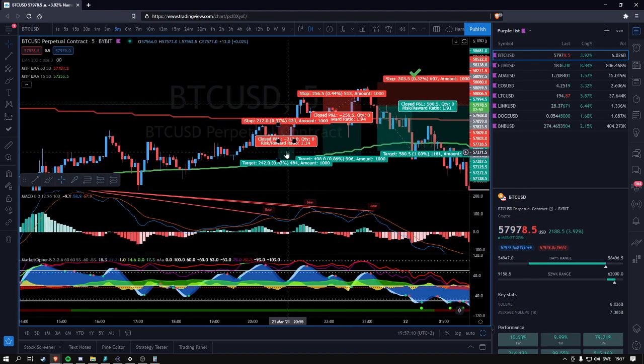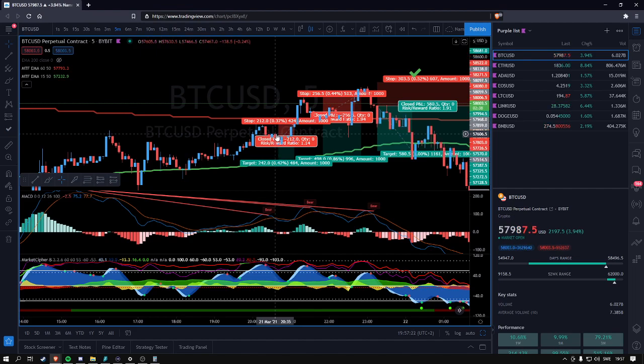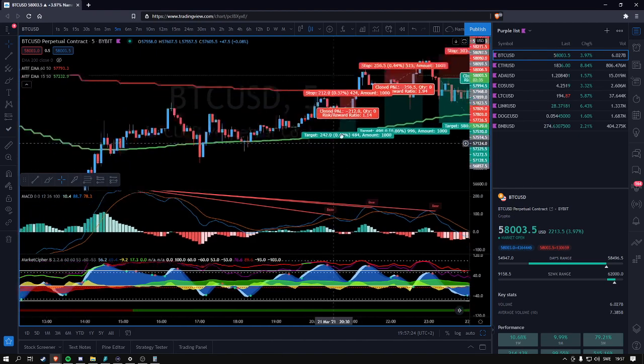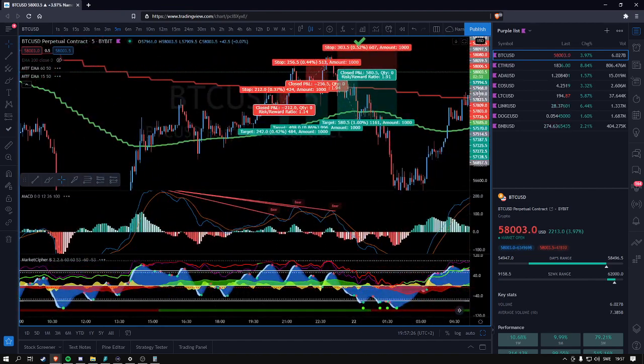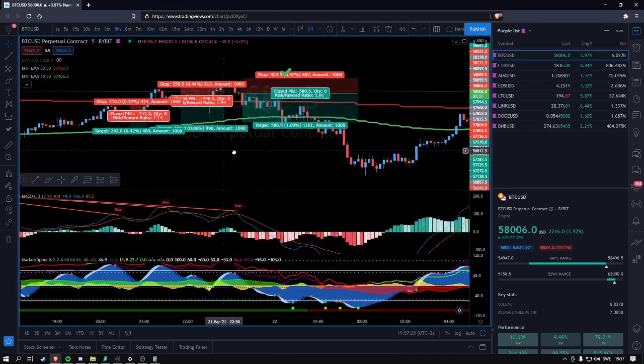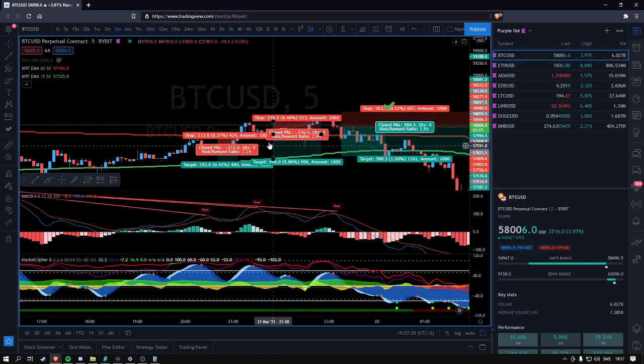Same thing here. Red dot given a couple minutes ago. VWAP coming down. Money flow is still in the green. I entered, bust. A good thing to note is if we look here, when we're losing, we're always losing between 0.3 to 0.5%, and when we're winning, we're always winning double that.